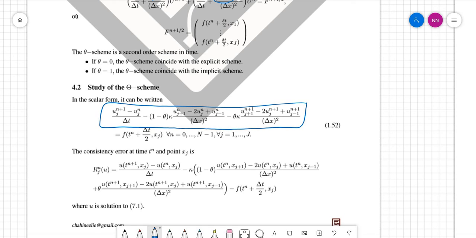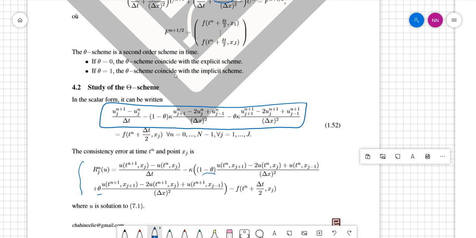Of course, if theta is equal to 0, again we will have an explicit scheme as we had before, and if theta is equal to 1, we have the implicit scheme. So for this kind of schemes, we write the consistency error given in here. It's the same consistency error as before, but we have theta as a new parameter in this equation.